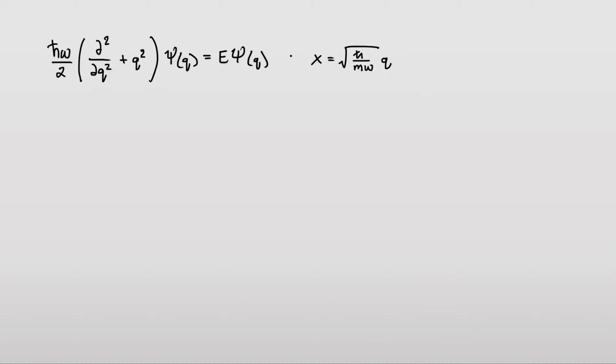So this is our relationship between q and x. This is our reparameterization that gave us this equation. And so what can we do with this now? Let's probe this a little bit deeper.